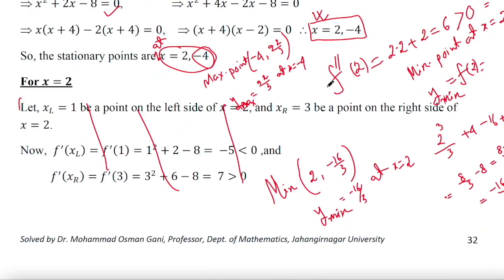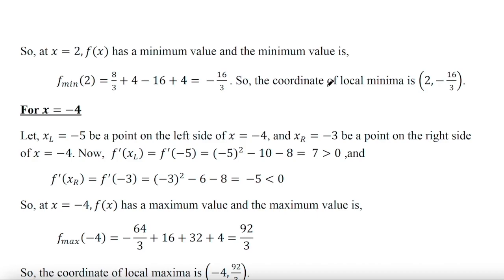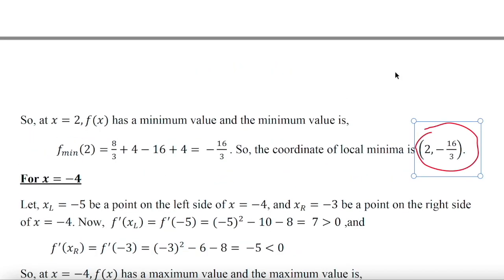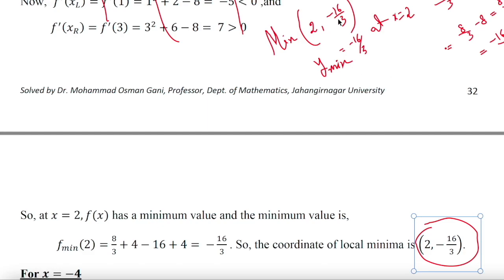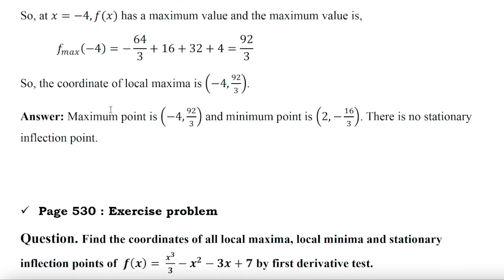So let me compare this result with the result we got earlier by the first derivative test. You see, the minimum point is 2, minus 16 by 3, the maximum point is minus 4, 92 by 3, and there is no stationary inflection point, because by setting the first derivative equal to 0, you obtain two x values, and at those x values, one is a maximum point and the other is a minimum point.